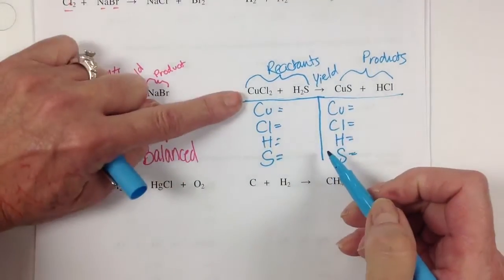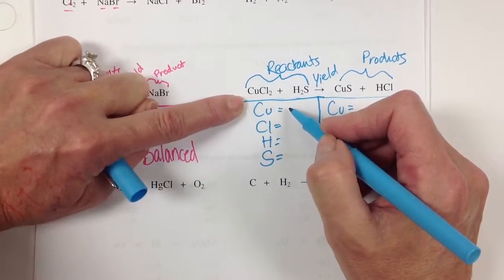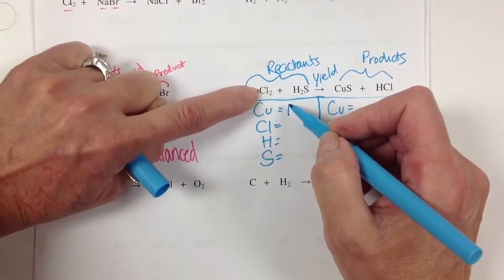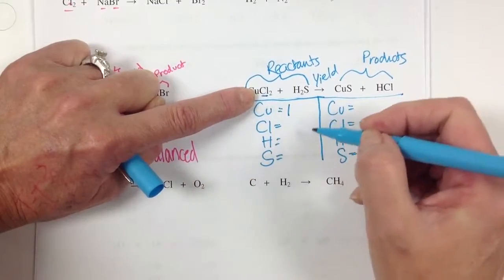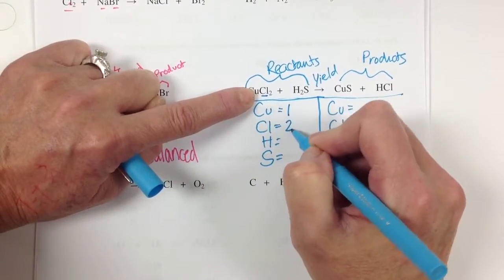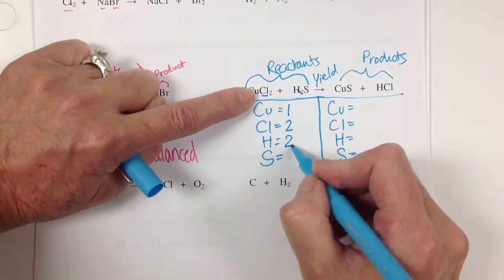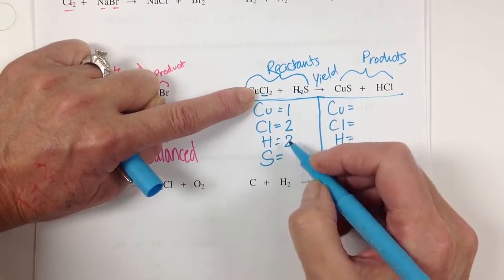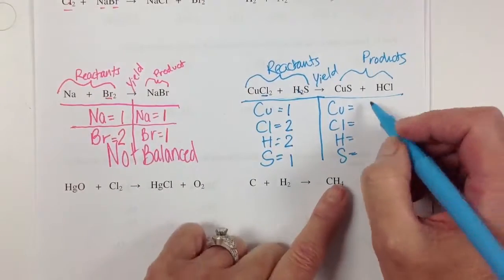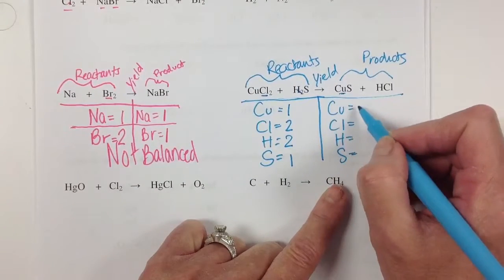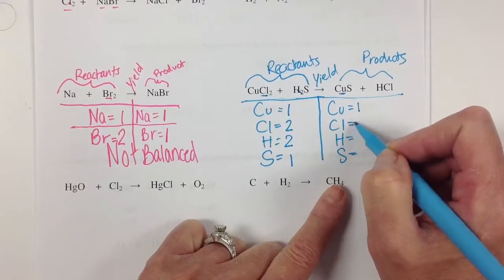How many Cus do we have, or copper? Well, we have 1 here. How many Cls? Remember, that's one element, Cl, chlorine. We have 2. How many H's do we have? Well, the subscript 2, we have 2. How many S's do we have? We have 1. Looking at the other side, we have 1 copper. How many Cl's?